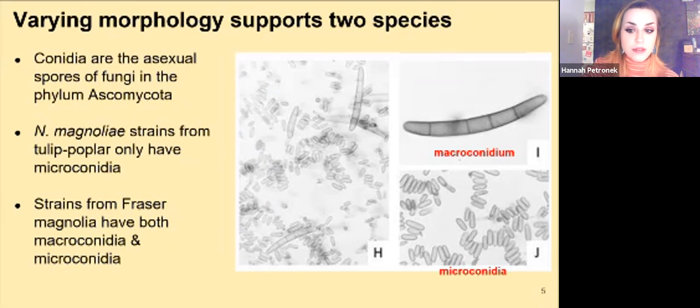In addition to having two different hosts at different elevations, Neonectria magnoliae from each host is slightly different in their morphology. For Neonectria magnoliae isolated from tulip poplar, we only see microconidia, which can be seen in the bottom right image here. Whereas Neonectria magnoliae isolated from Fraser magnolia exhibit both macro and microconidia. This evidence supports our hypothesis that Neonectria magnoliae is actually two cryptic species.